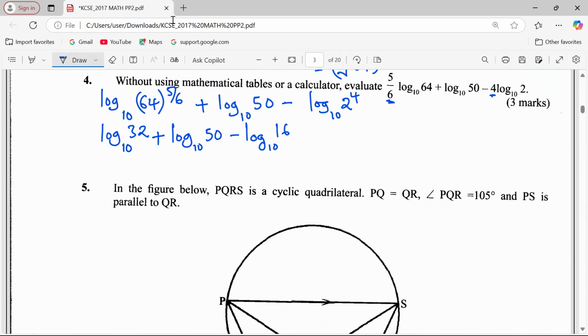Now we can use another law, which says that when we have the logarithm of A plus the logarithm of B, this can be narrowed down to the log of the product; we just multiply the two numbers.